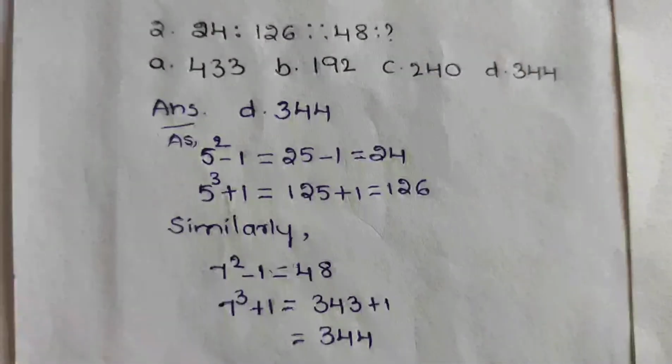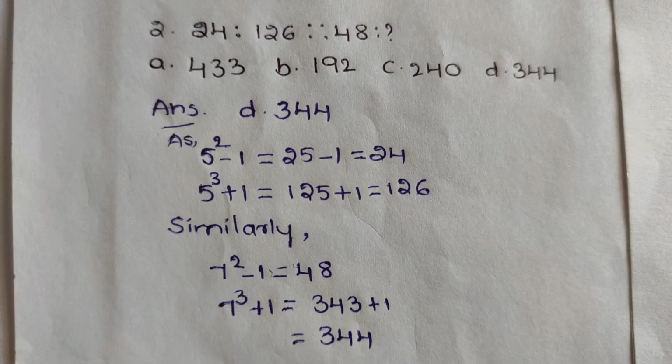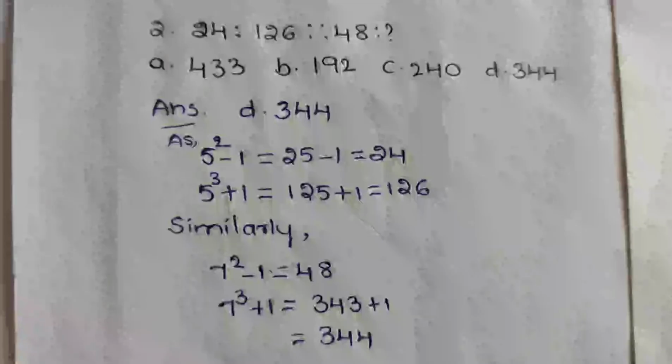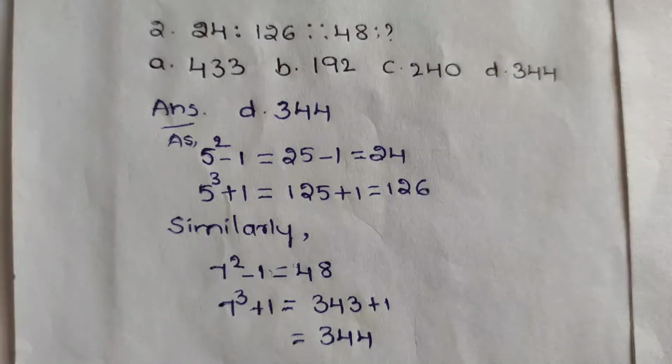Similarly, understanding this method, the second set is 48 is to question mark, right? Under x square minus 1, if it is 48, then the x value will be 7. So 7 square is 49, and 49 minus 1 is 48.